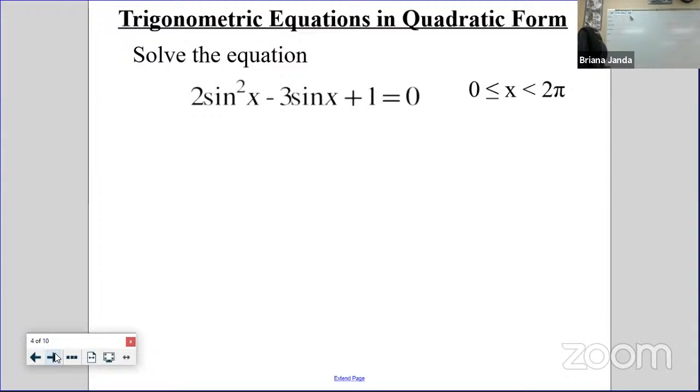So if this is what you need, slide, we multiply. I factor. Factors of 2 are 2 and 1.